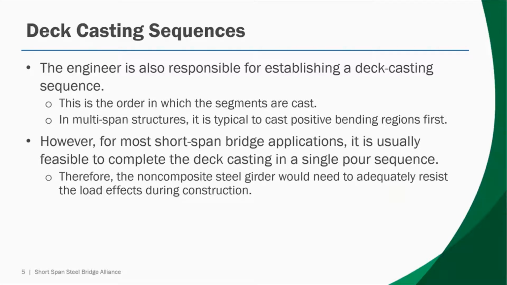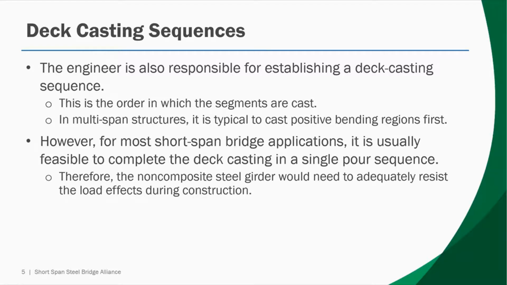It is also the responsibility of the engineer to establish what's called a deck casting sequence. This is the order in which the various segments of the deck are cast in order to complete the composite deck for the bridge. In multi-span structures, it's very typical to cast the positive bending regions first, allow them to cure, and then cast the negative bending regions over the pier to complete the deck casting for the bridge.